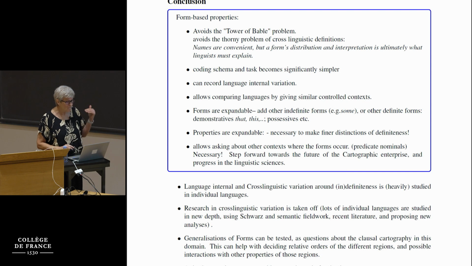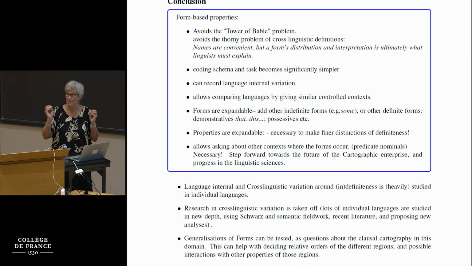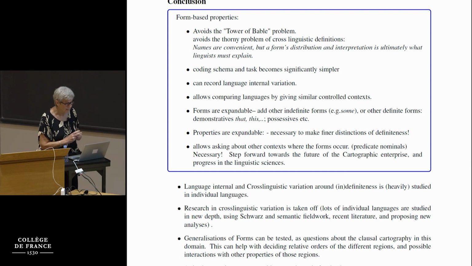So names, they are just convenient because we know what class of elements they refer to, but it's really a form's distribution and interpretation that is ultimately what linguists must explain, and that's what children have, right? So that's what we need to kind of realize. What this form-based database does is that both the coding schema and the task become significantly simpler.